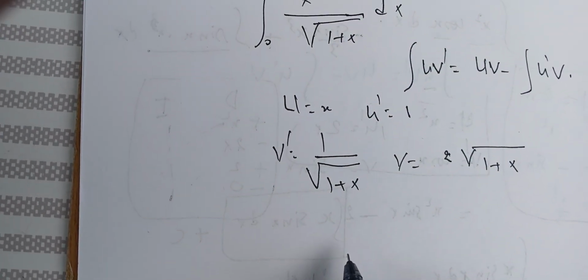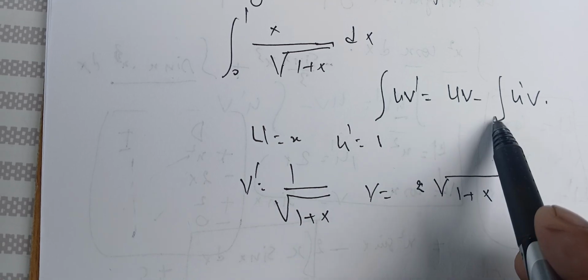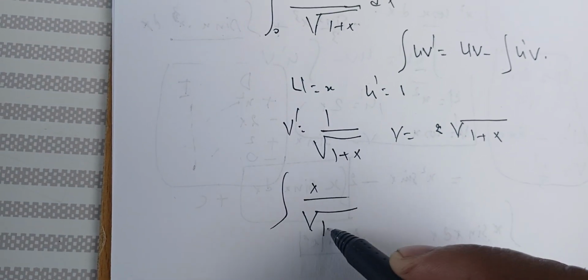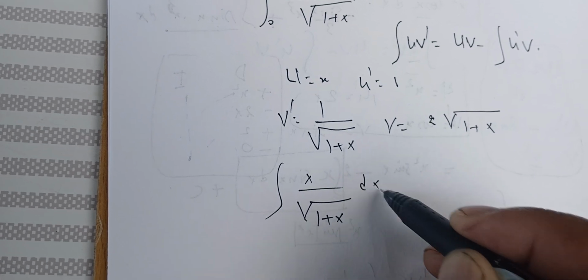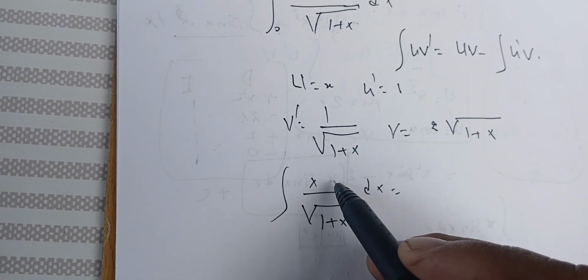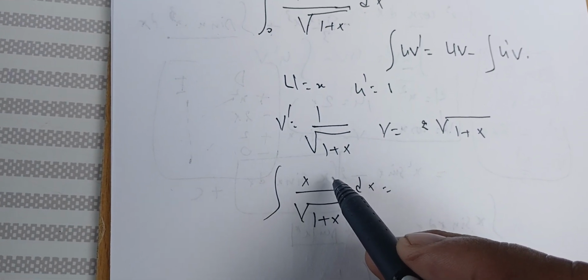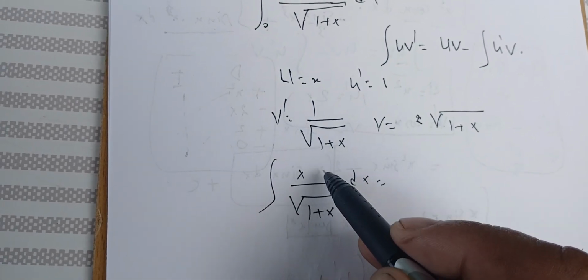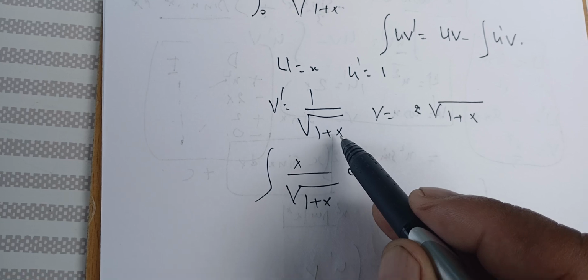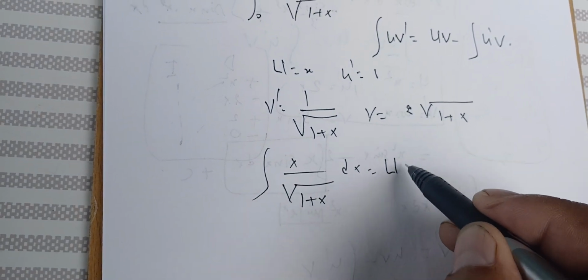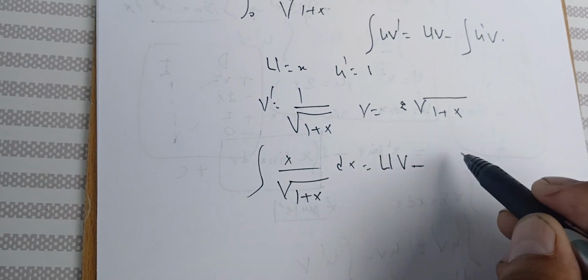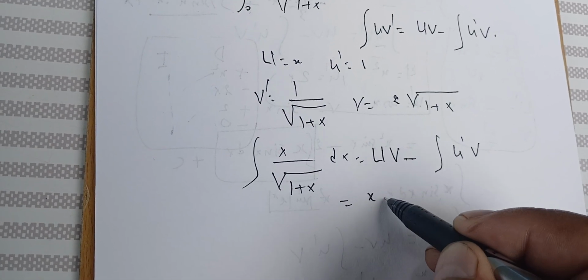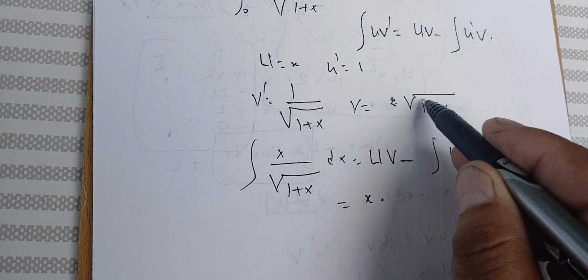And therefore, according to this rule, we're going to have the integral of x over the square root of 1 plus x dx. So this is u, and v prime is 1 over the square root of 1 plus x. So here we have uv minus u prime v. u is x and v is 2 square root of 1 plus x.